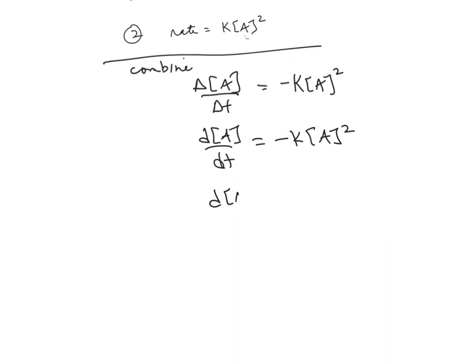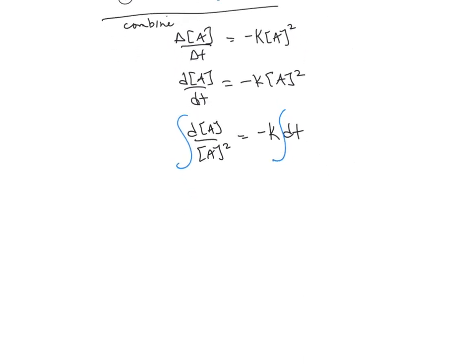So you put everything with A on the left-hand side and everything with time on the right-hand side. Then we can do an integration to get rid of those d's, basically. And so maybe you remember that the integral of dx over x squared is equal to negative 1 over x.